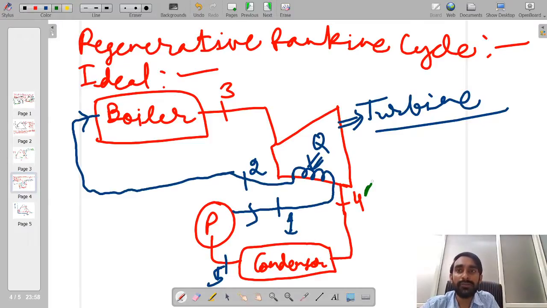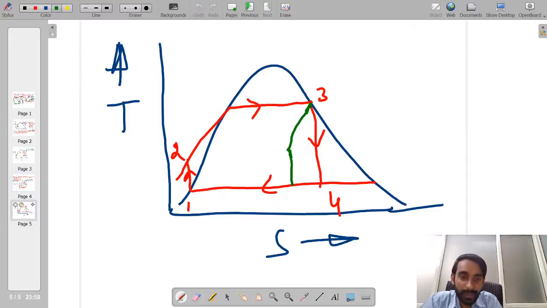Okay, so because of that, what will be happening now? We have got this point number 4 dash over here. Okay, so this point 4 dash, why we have got some less entropy at the exit? Because in case of a reversible adiabatic process, there was no heat transfer during the process number 3 to 4.